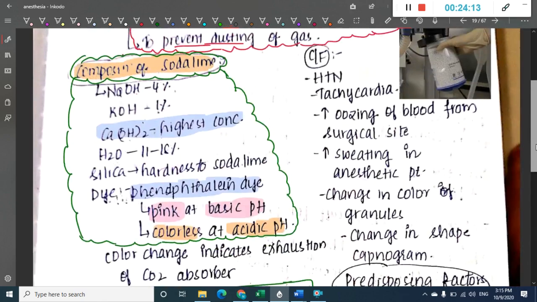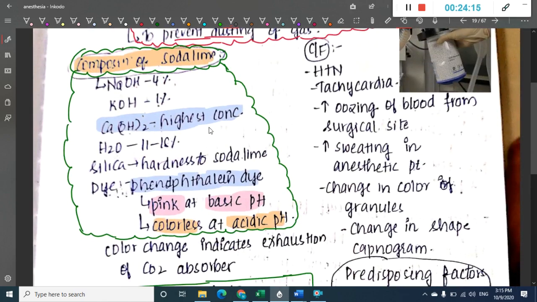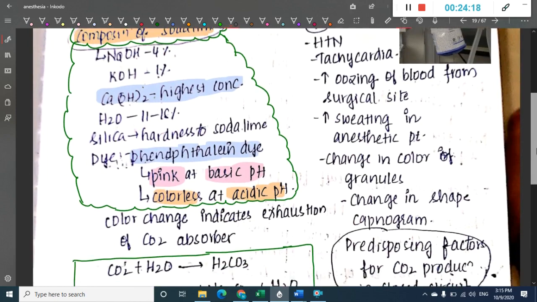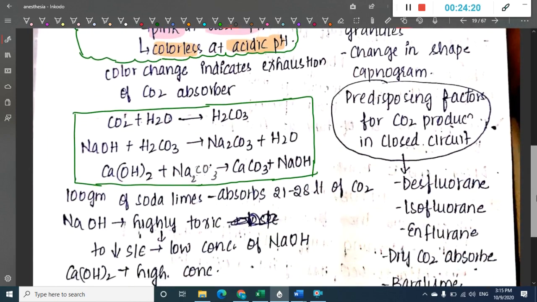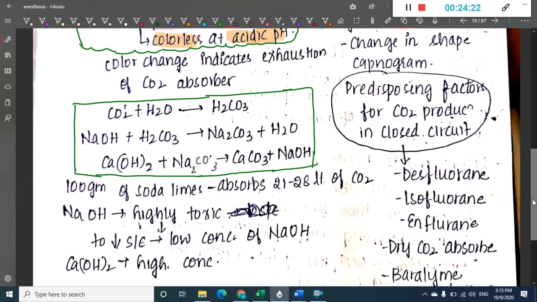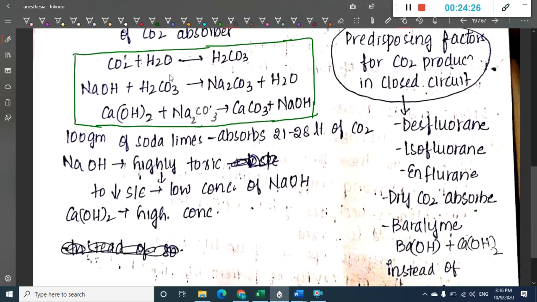So that is the reason why calcium hydroxide is in the highest concentration, because with the help of calcium hydroxide we are able to regenerate sodium hydroxide, which is the key product of the reaction. Then the important one-liners: 100 grams of soda lime absorbs 21 to 28 liters of carbon dioxide.